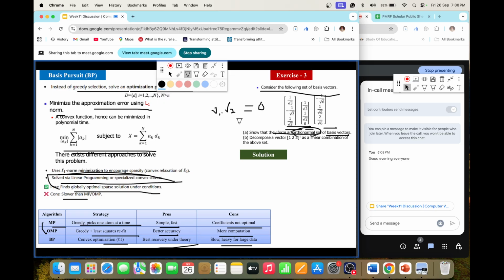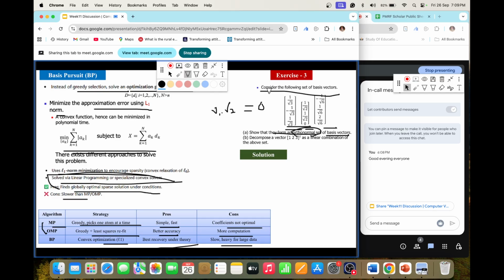But here we need an orthonormal set. Orthonormal means first you have to check that they are orthogonal to each other, and second you have to check whether the magnitude of each vector is 1 or not. So you can do the calculation and find the unit vector for each.